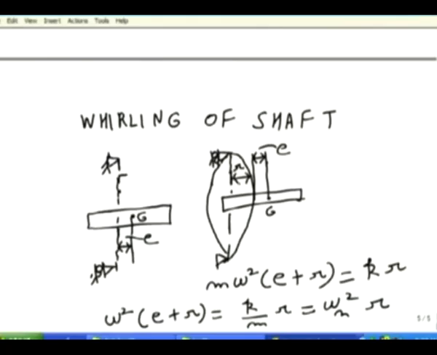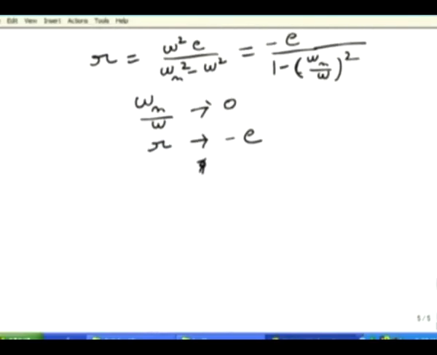The distance of the disc from here is R plus E, but minus E plus E is equal to 0. Therefore, the disc's mass center will always be at the axis of rotation and a stable motion will be obtained.